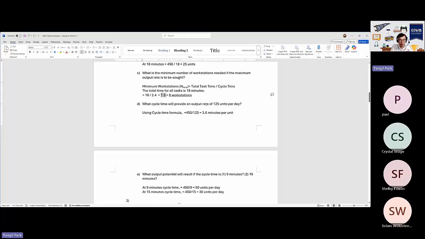There's another variation of these formulas. To produce 125 units, what is the cycle time? Using the cycle time formula, this time with 125 instead of the other numbers, we just put it into the formula and get 3.6 minutes per unit in this example.